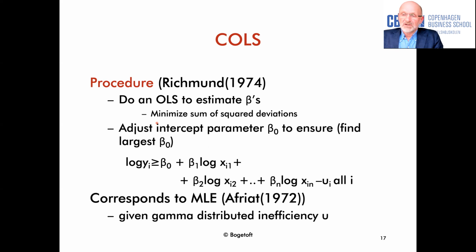So it is to some extent a reasonable way to estimate, and it's similar to some of the logic in DEA, except that now we don't have piecewise linear ones, we just have linear ones in the logs, so we have a much more restricted functional form.